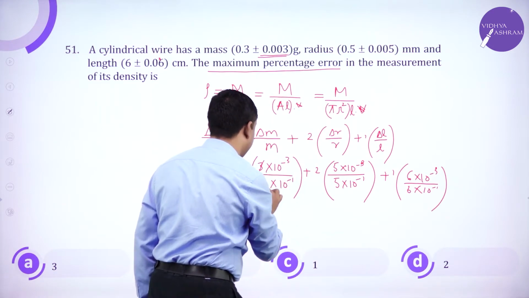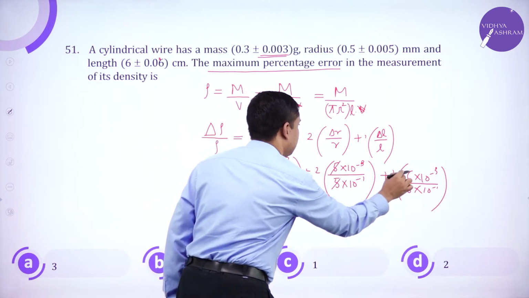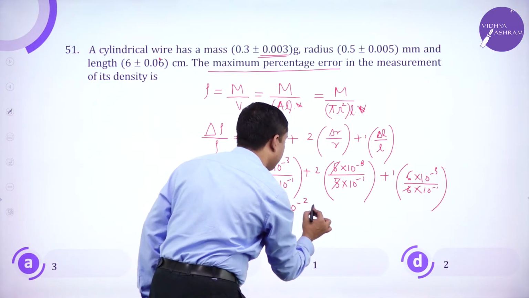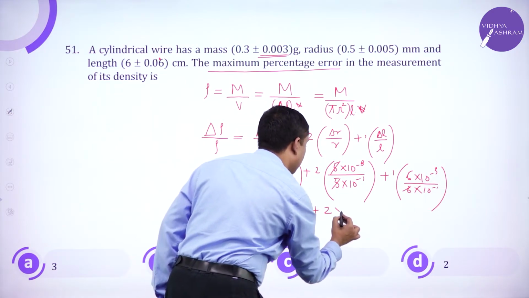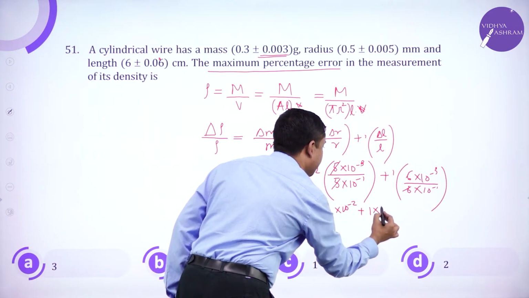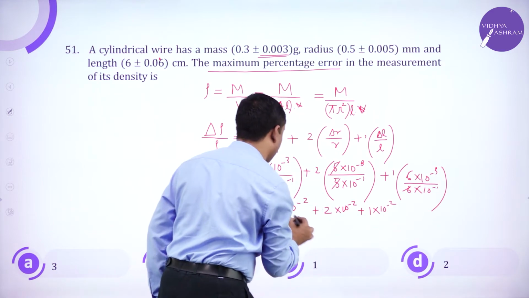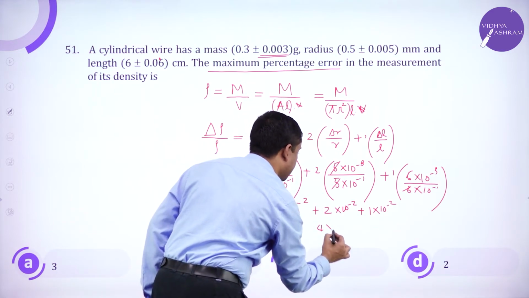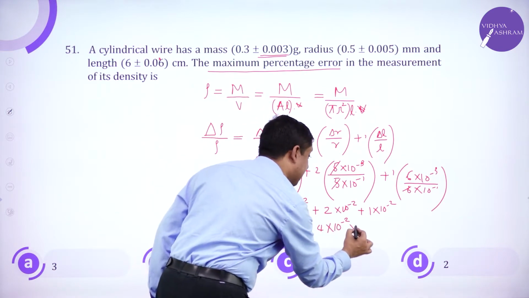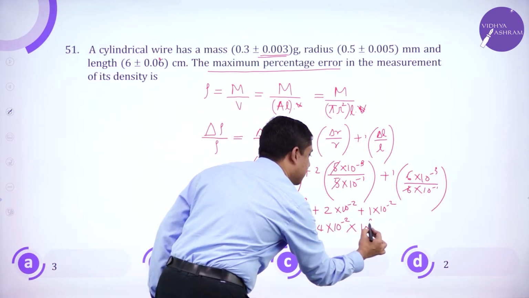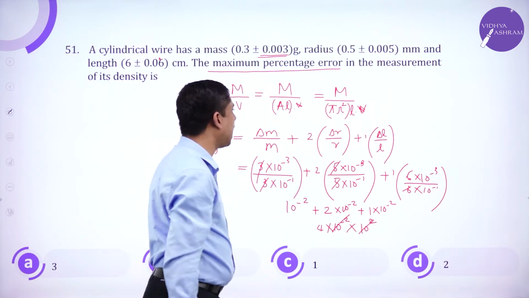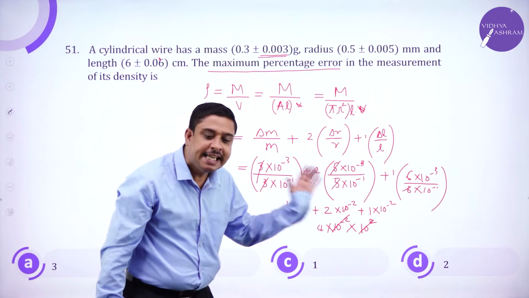So this becomes 10 power minus 2 plus 2 into 10 power minus 2 plus 1 into 10 power minus 2. So this is 4 into 10 power minus 2. But percentage error is into 100, which is 4. So the answer is 4. This is how we are calculating the error.